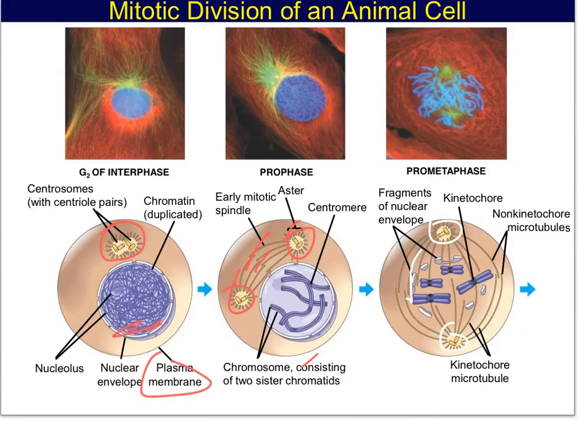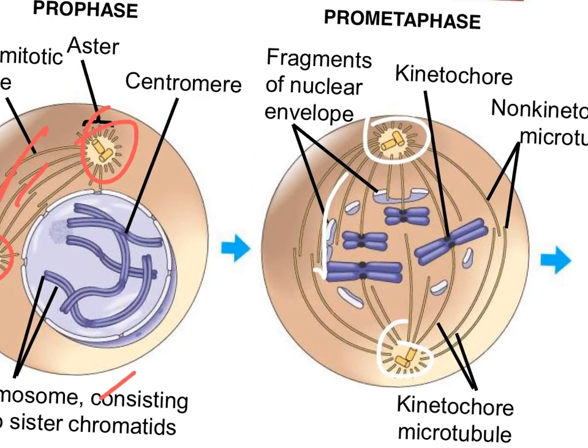We see these kinetochore microtubules stretching out and attaching to the kinetochores of the duplicated chromosomes. And then there are also these non-kinetochore microtubules. Each of these chromosomes is attached to two microtubules, one from one side and one from the other.